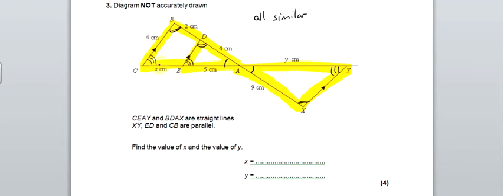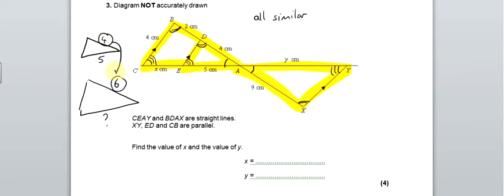So let's go for the x first of all. So I'm going to use the small triangle here. That's the 5 and the 4 triangle. And I'm going to consider this one here, the ACB triangle. I can see the top of this one is 4 and 2. That's going to be 6. And I don't know how long the bottom is. But that doesn't matter because I've got 2 corresponding sides.